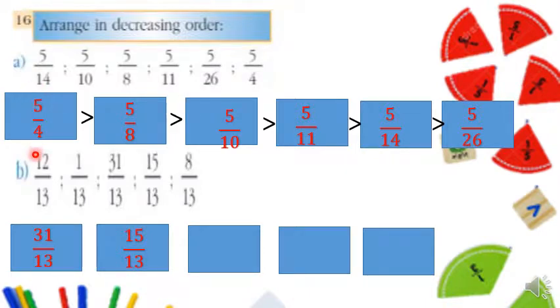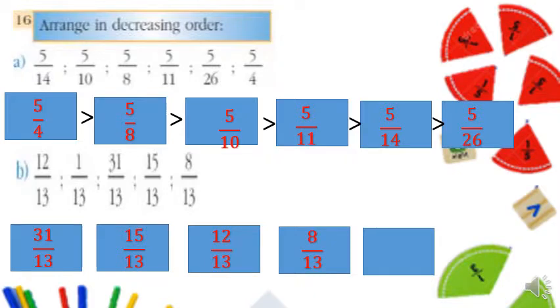Now in part B, we have 12 over 13, 1 over 13, 31 over 13, 15 over 13, and 8 over 13. In this case, we have the same denominators, so we just compare the numerators. The fraction with the greatest numerator is the greater. Let's start. The greatest fraction is 31 over 13.